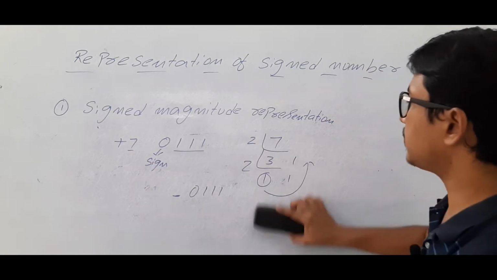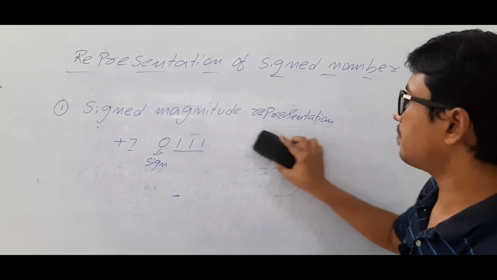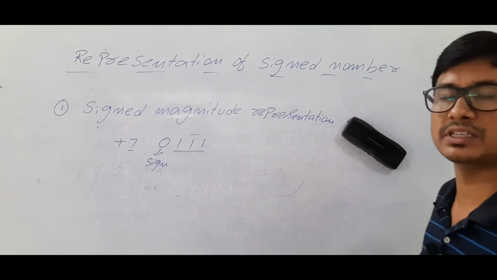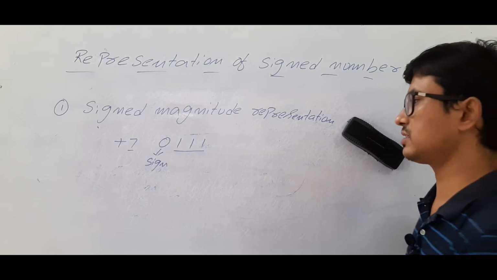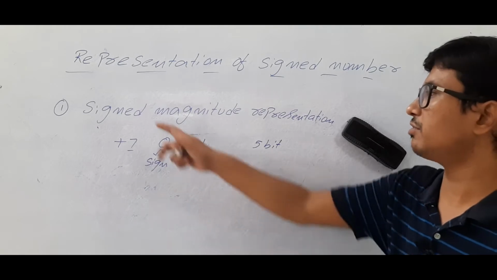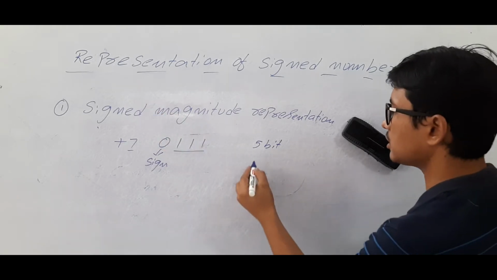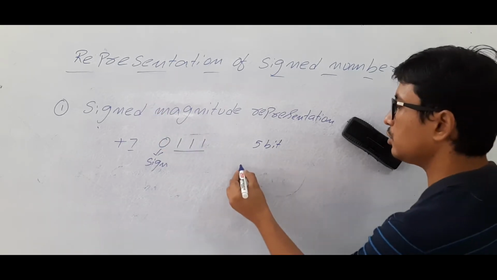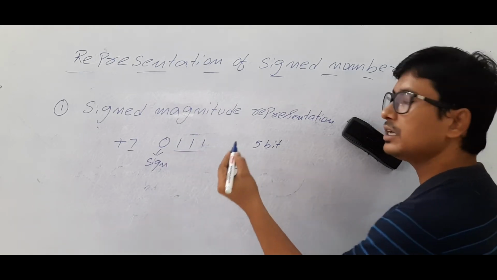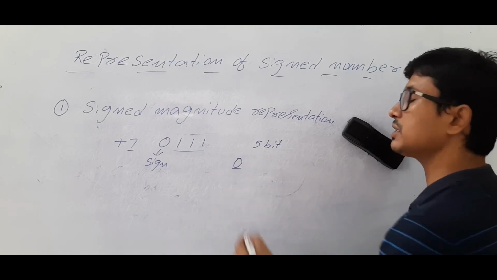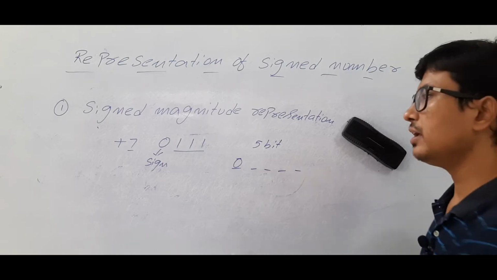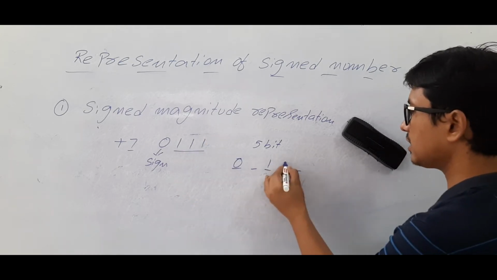Sometimes people may ask you to represent the positive 7 in sign magnitude representation consisting of 5 bits. Let's take that. Using 5 bits, you represent a plus 7 using the sign magnitude representation. Out of these 5 bits, you already know that 1 bit is allocated for the sign bit. What is the sign value here? It is a positive sign, so you keep the sign bit as 0. Now the remaining 4 bits: if you convert into a binary number, you will get 3 ones.